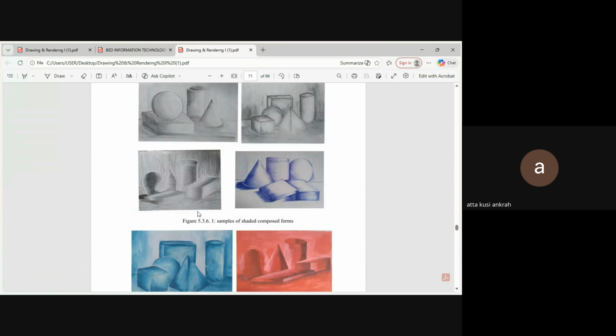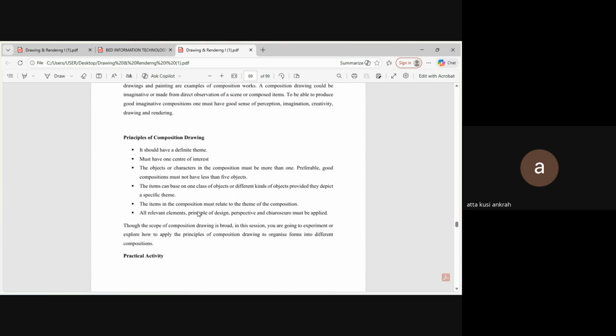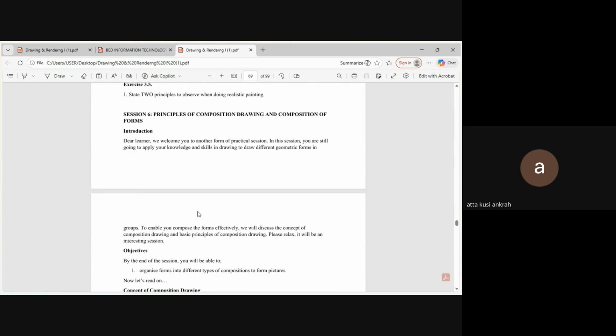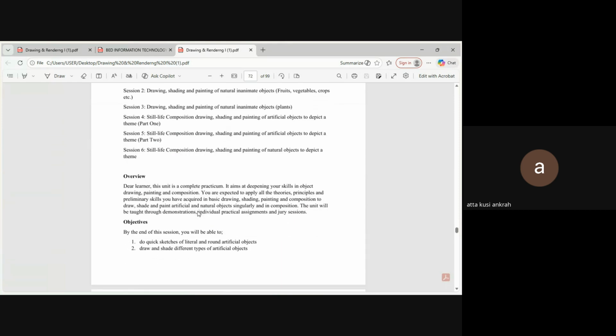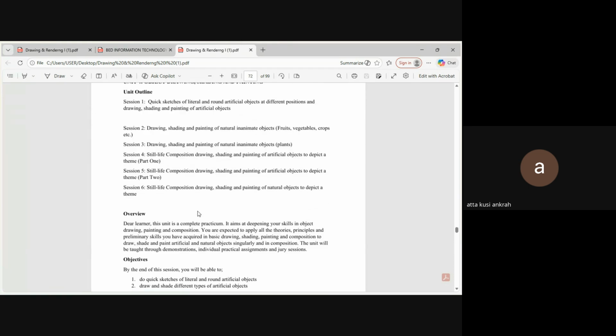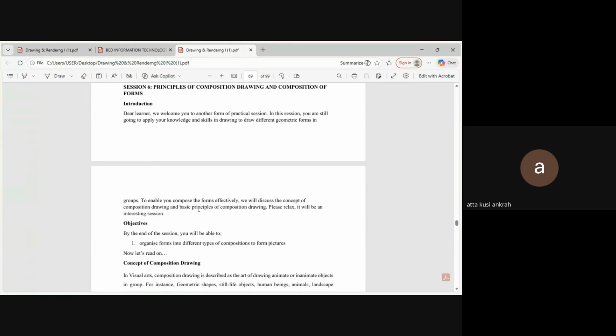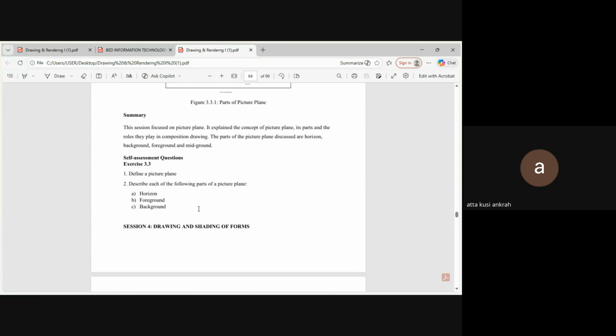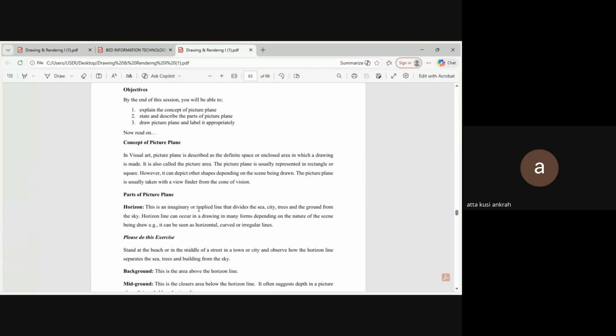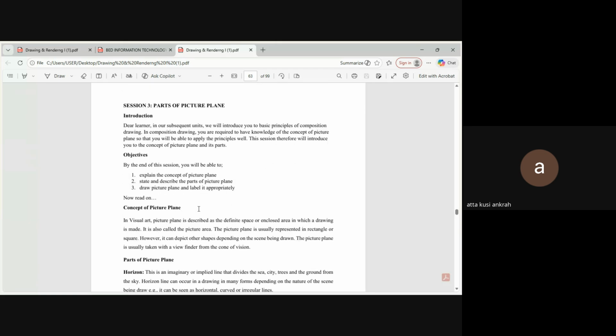Then the shading is the shading that we've learned. So let's try and work on it. Let's finish with the picture plane. When we are done, we've come to a good end, so that next week we will delve into one or two things. How many weeks are you using for the lecture?